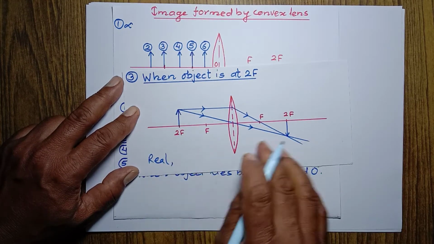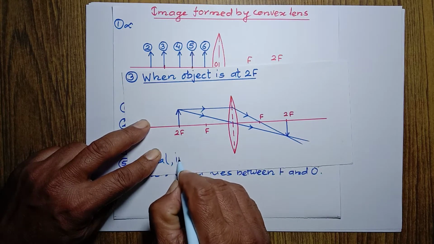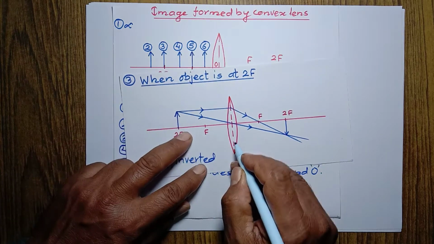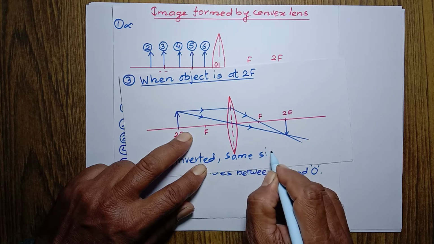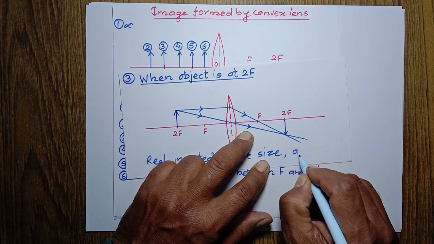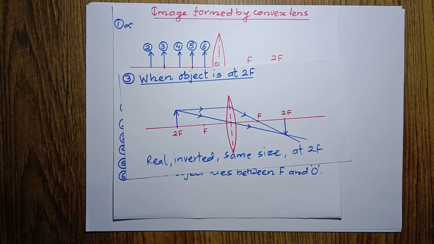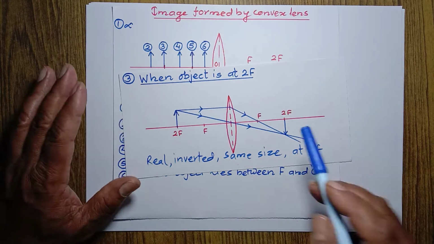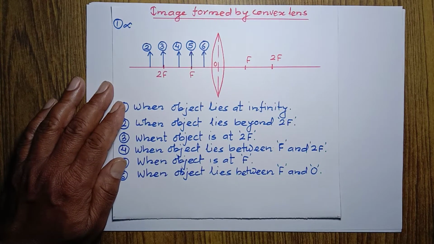This is a real image, it is inverted, and it is of the same size, and forms at 2F behind the lens. That's why when the object is at 2F, a real and inverted image of the same size forms behind the lens at 2F. This way we finish the third one.